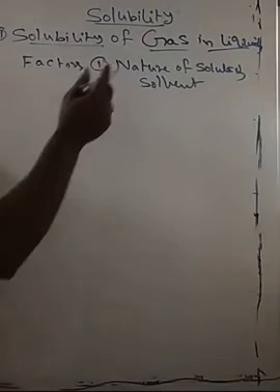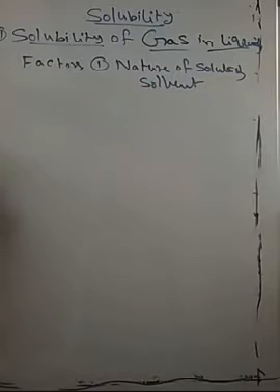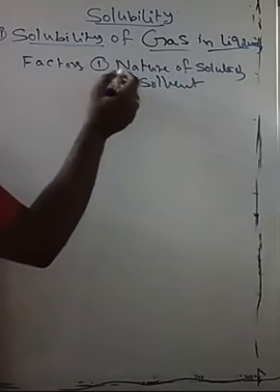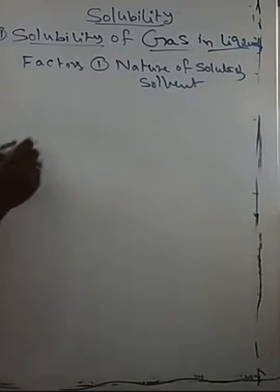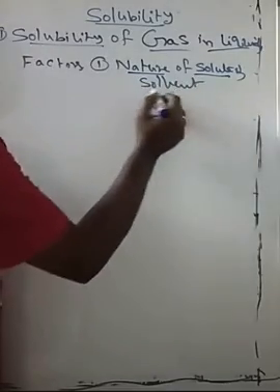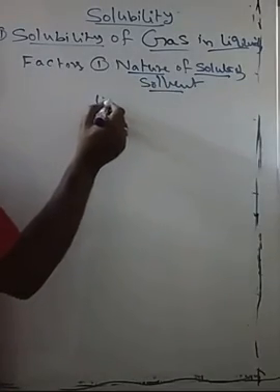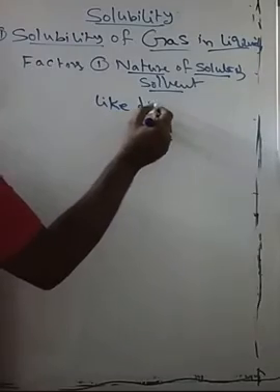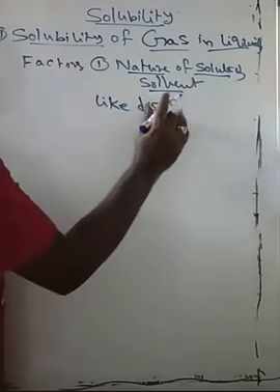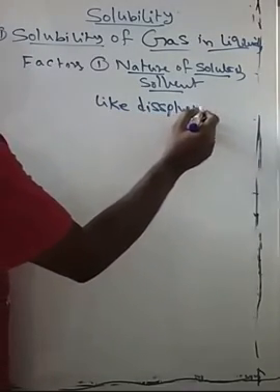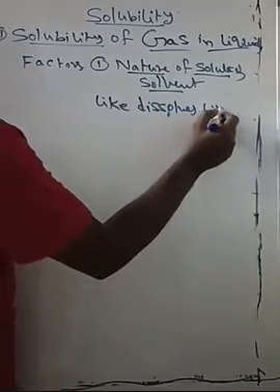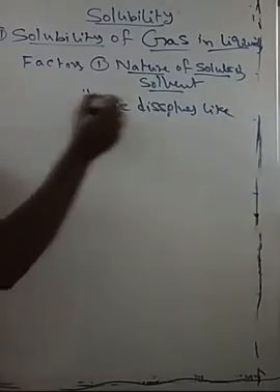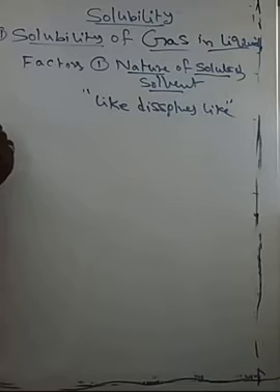Then only the gaseous substances are soluble in suitable solvents. So like the solubility of solids in liquids, here also nature of solute and solvent is an influencing factor. The same like dissolves like concept applies to gases in liquids also.